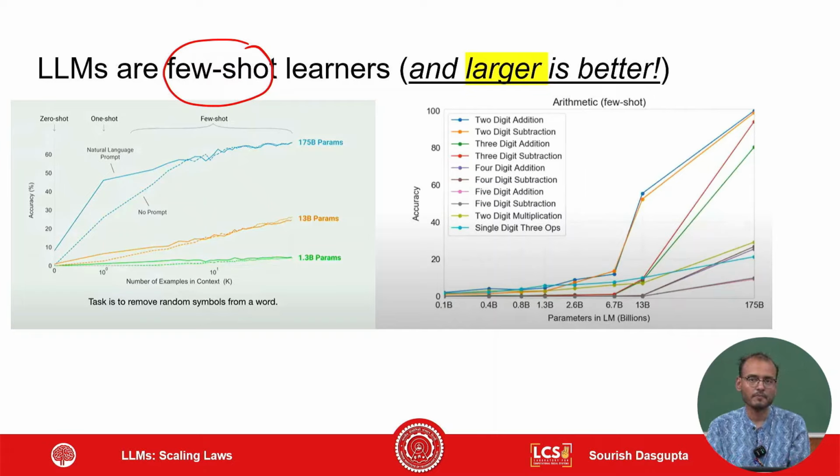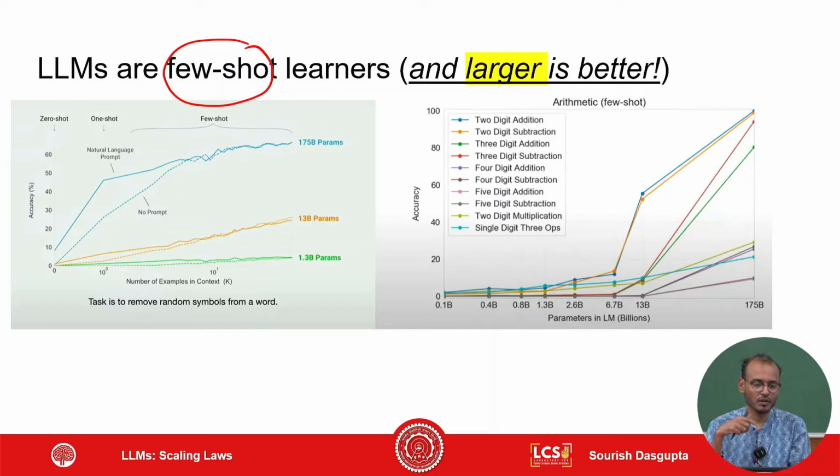But one shot and few shot would mean that you're also giving a certain number of examples. You're saying that if this is the document, then this is the summary, and so on. Now tell me, if I give you this document, what would the summary be? You're helping the model understand the mapping between input and output within the prompt itself.